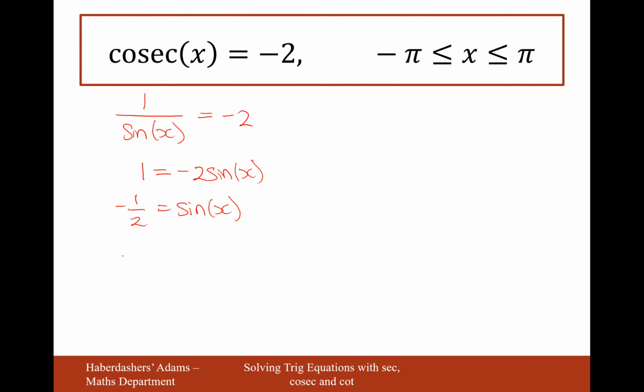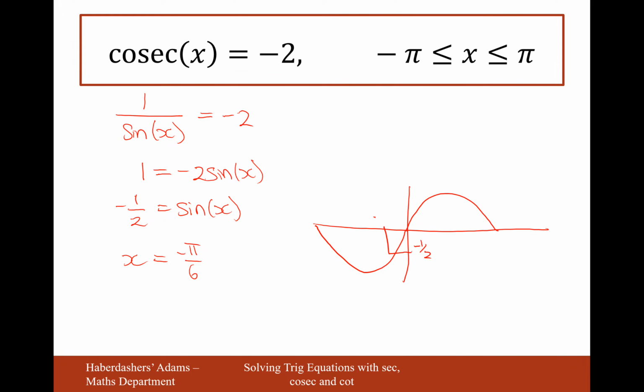The next thing we'll do is inverse sine of it, so inverse sine of minus 0.5, and that gives minus pi by 6. So let's work out what the next solutions will be. The sine graph looks like that, in between 0 to pi, this in between 0 to minus pi. So at minus a half, I've got a solution at minus pi by 6, and I'll get a second solution over here.